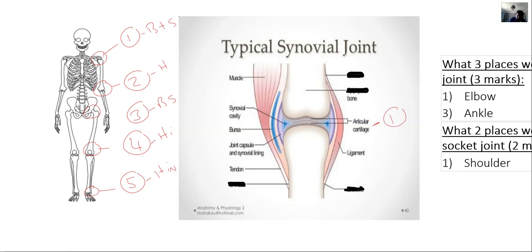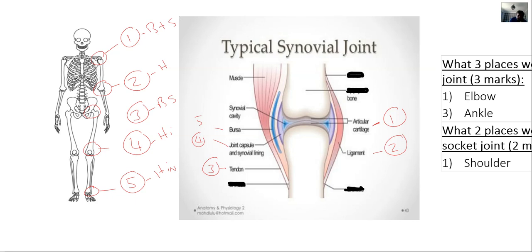Number 1 where it says articular cartilage, what is that job? Number 2, what's the job of a ligament? Number 3, what is the job of a tendon? Number 4, what is the job of the synovial lining? What is the job of the bursa?